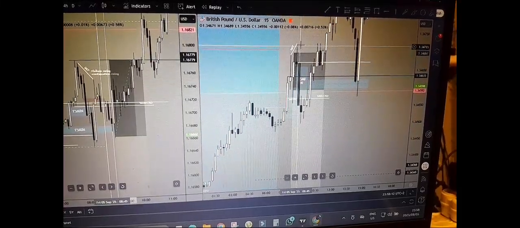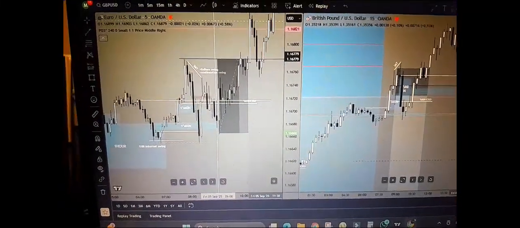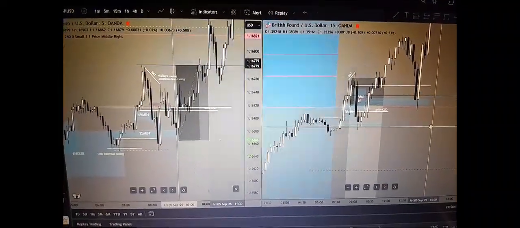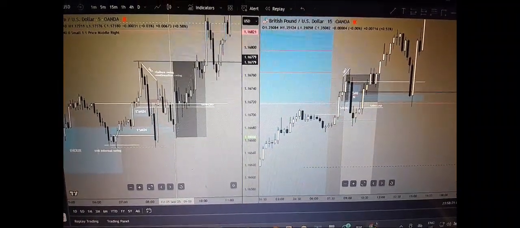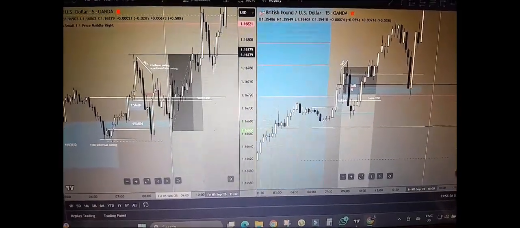So then I can also look for a reversal play on that. But yeah, I will be backtesting this and working on it. So yeah.